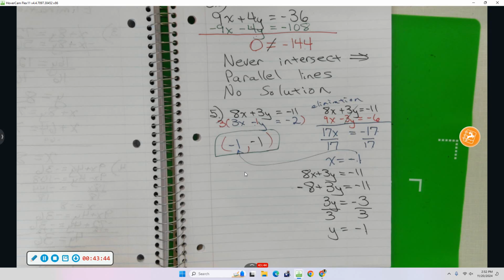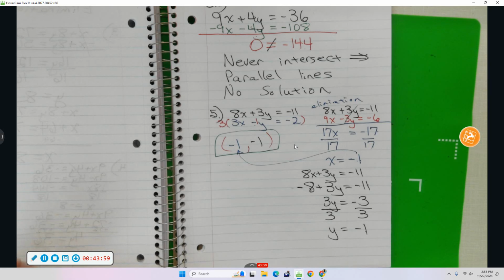Substitution and elimination. My preferred method is elimination, because you don't have to have one of the equations solved for one of the variables.